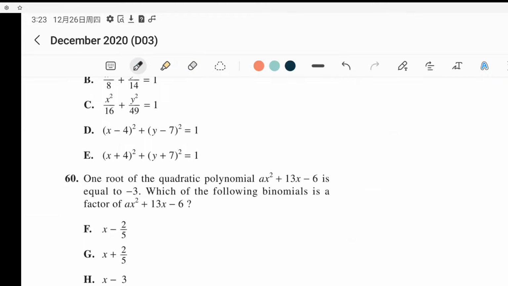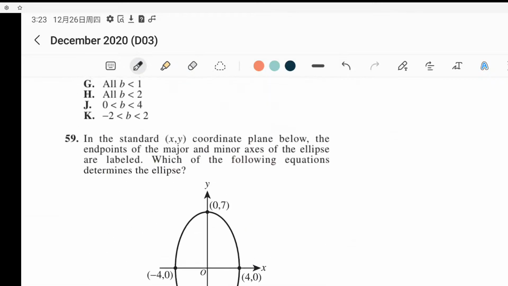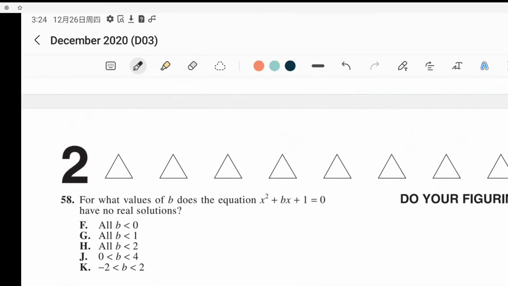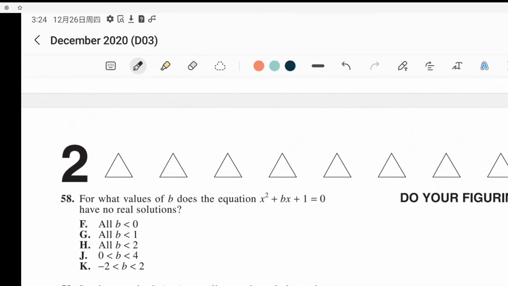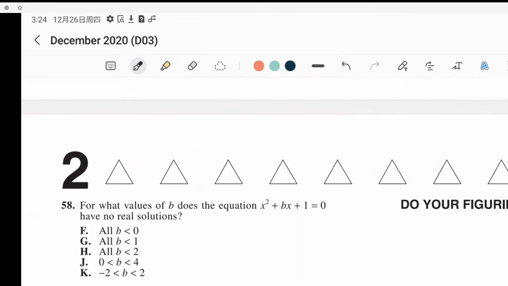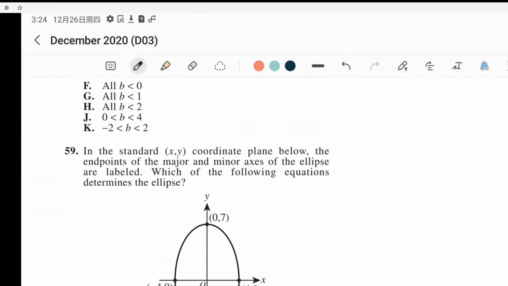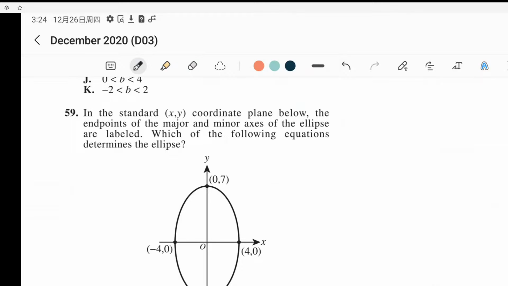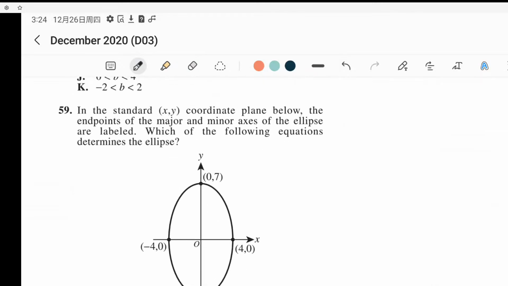Oh, equal to -3, which of the following binomials is a factor of? Let's do 59 real quick. Just explain the simple theorem behind this.